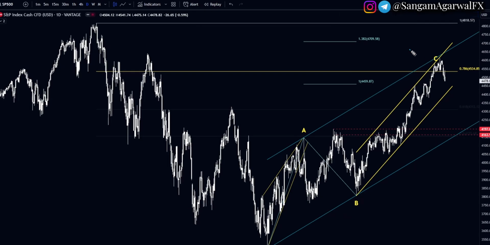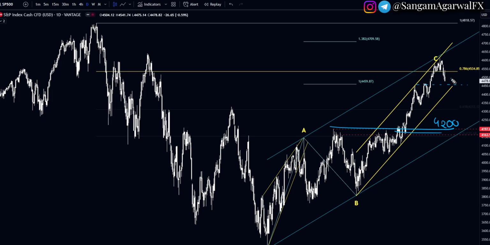SP 500 daily time frame, it is coming down after a retest of this upper trend line. So no big support before the lower trend line of this channel, and this is your dynamic support, and big horizontal support 4200.